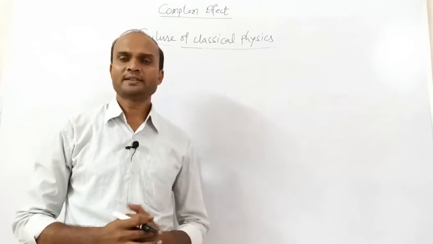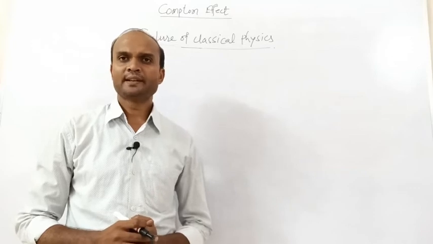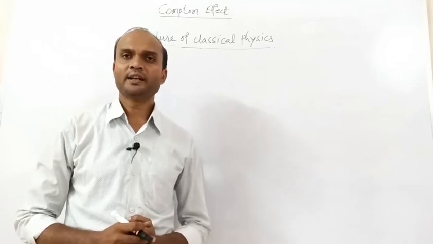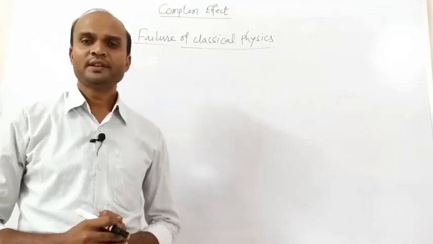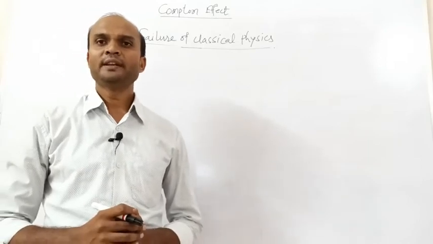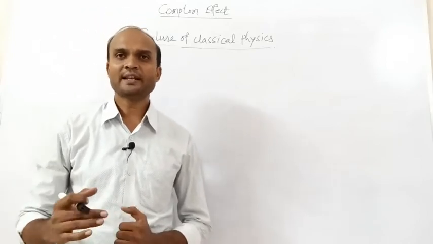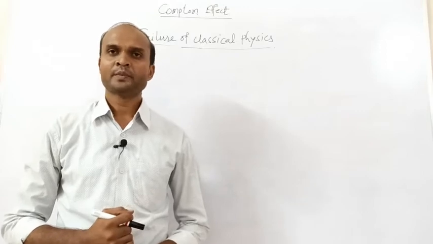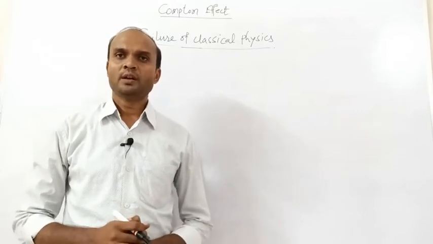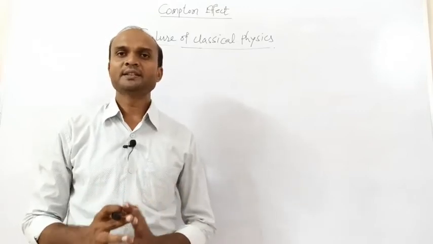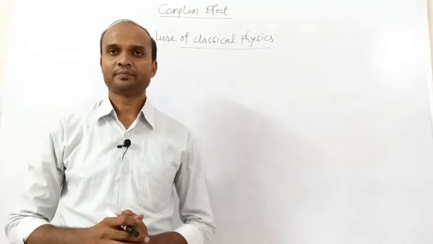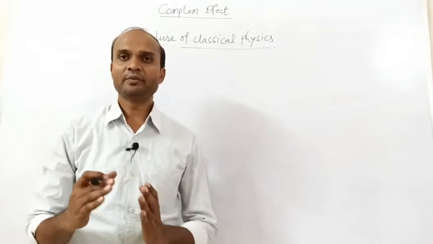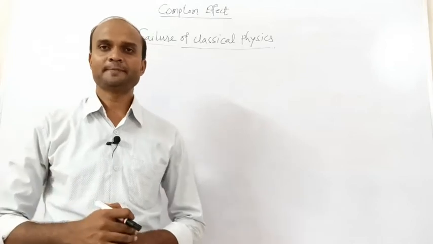So according to classical mechanics, light is nothing but an electromagnetic wave. Means it is a variation of the electric field vector as well as the magnetic field vector. Out of these two, the electric field vector is the light vector, means the electric field vector represents the light energy.